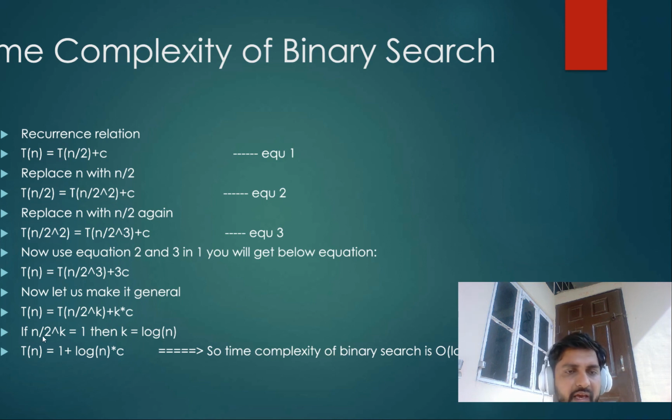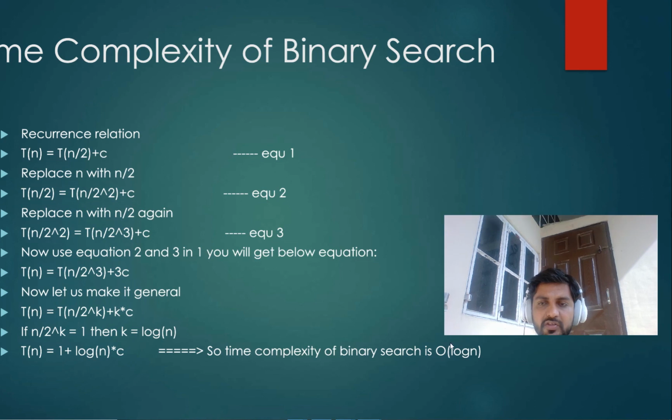So when n divided by 2 to the power k is 1, then k will be log n. Just replace this k in this equation. You will get T of 1, which is 1, plus k multiplied by c. K is log n and c. So the time complexity of the binary search is nothing but log n.